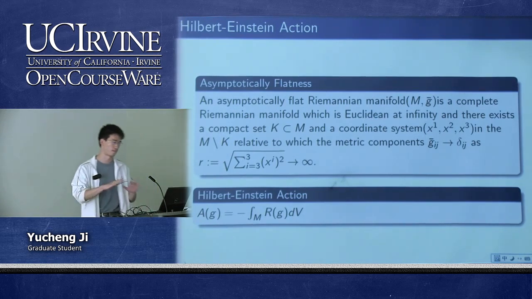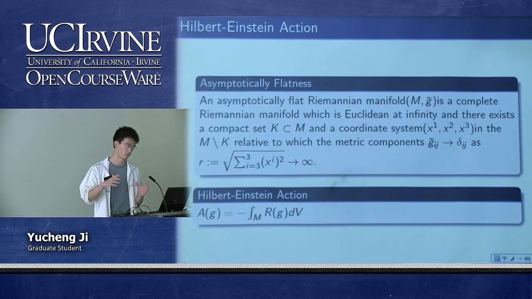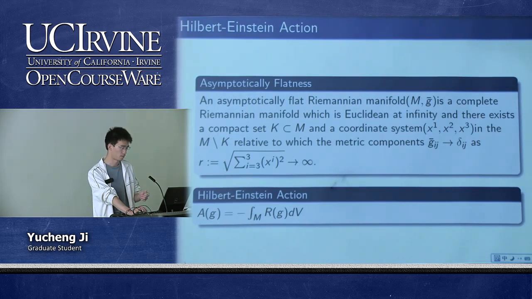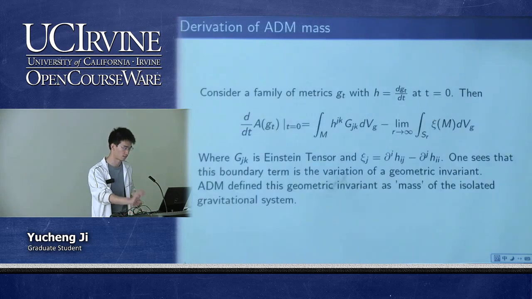If we have infinite space, dig out the center, and look far away, then the metric becomes like flat Euclidean space. We can see that in Schwarzschild when r goes to infinity, we get the Euclidean metric. And Hilbert, Einstein, we have actually already seen that in class.